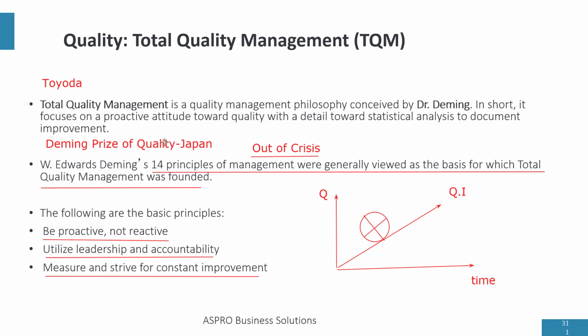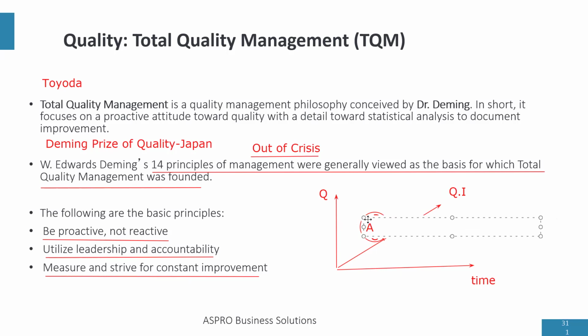That is plan, do, check, act, the PDCA cycle. So this is what we refer to as the Deming cycle.